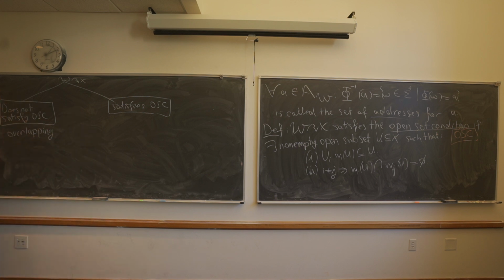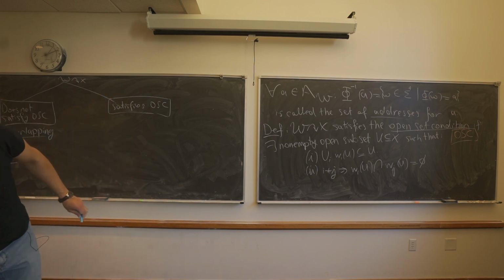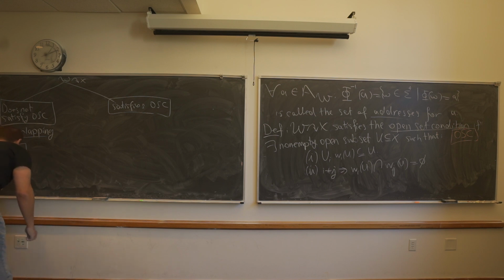In other words, you call the IFS overlapping. And you should think of this example. I have two contractions on the interval, and one of them contracts like this. This is the halfway point, and the other one contracts like this.